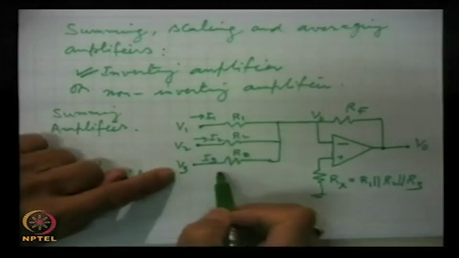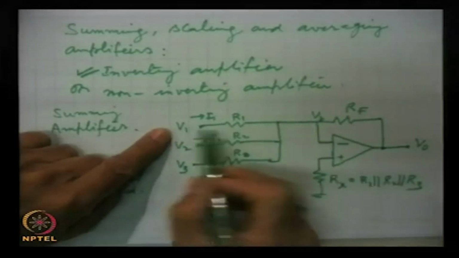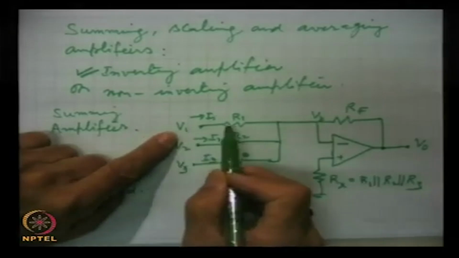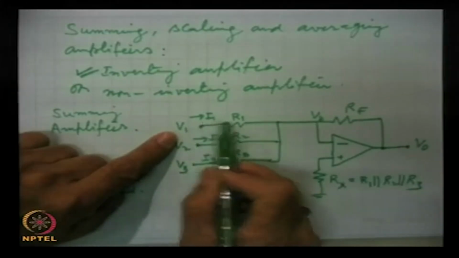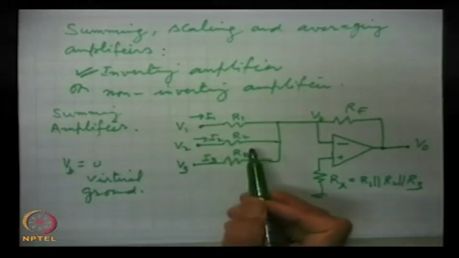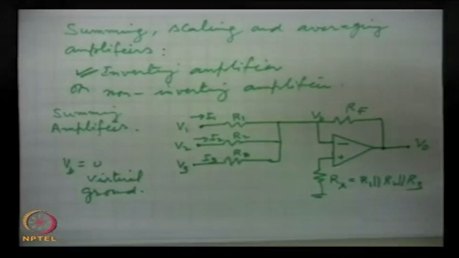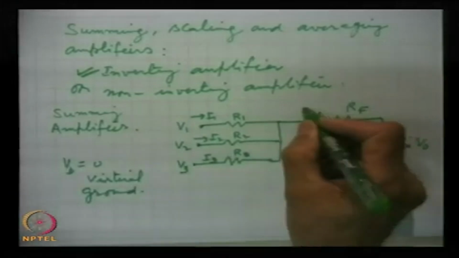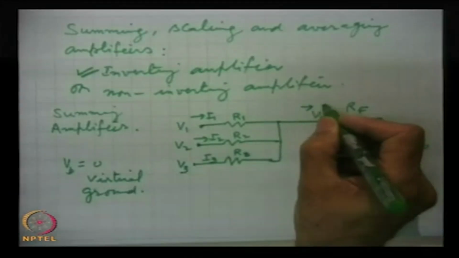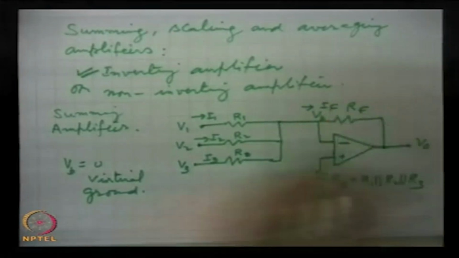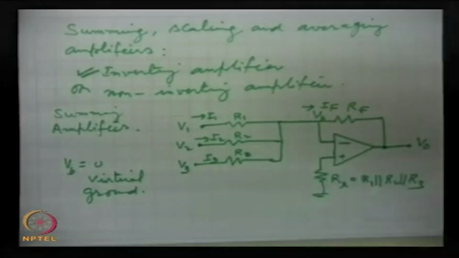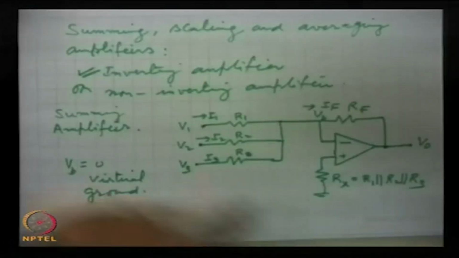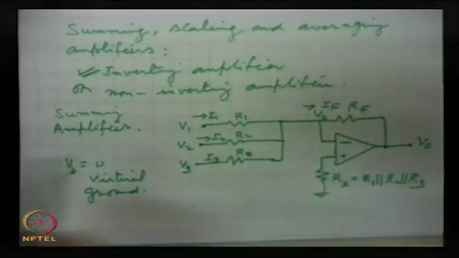Similarly, these currents, but this is 0. So, the current is actually V1 by R1, this is equal to I1, V2 by R2 is I2. So, all these currents, and the sum of the currents will be IF.